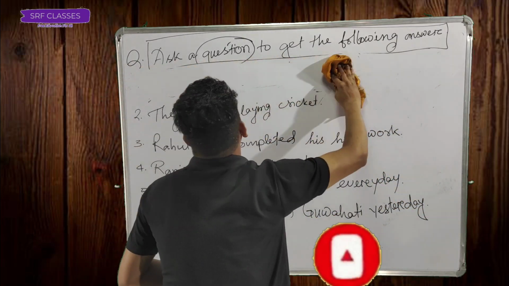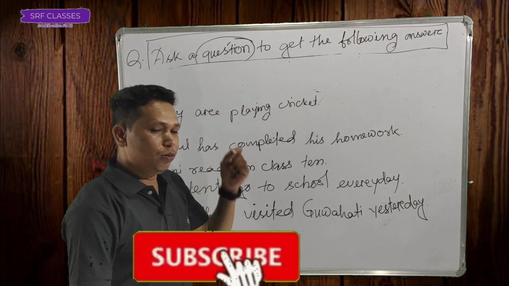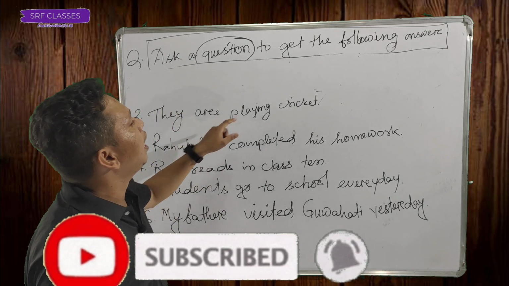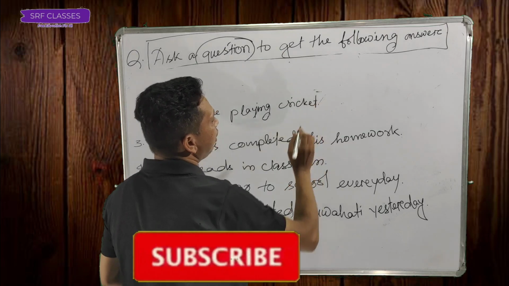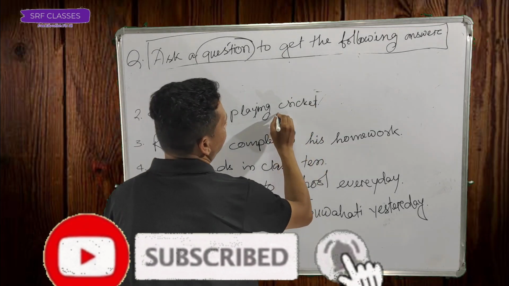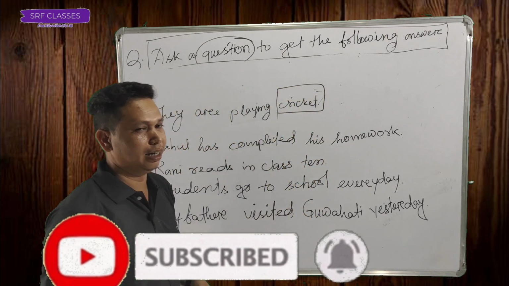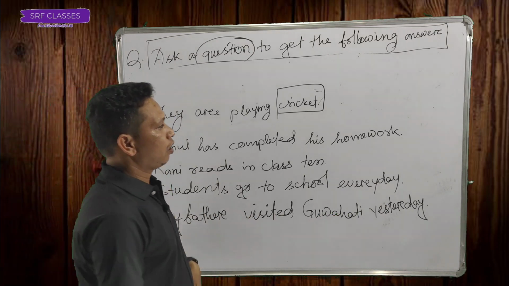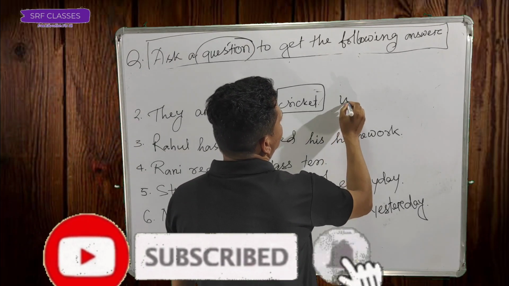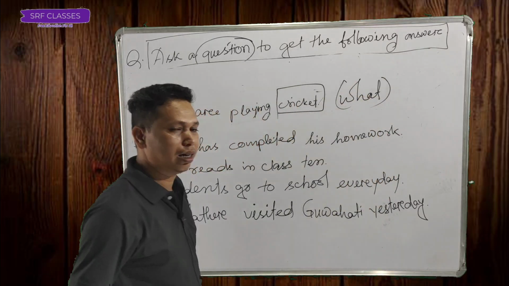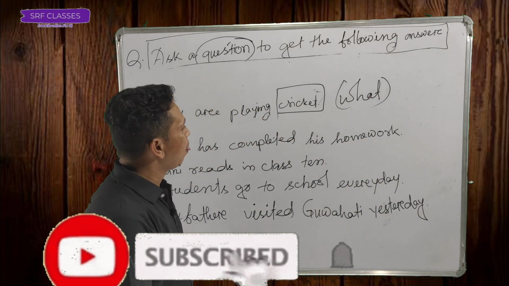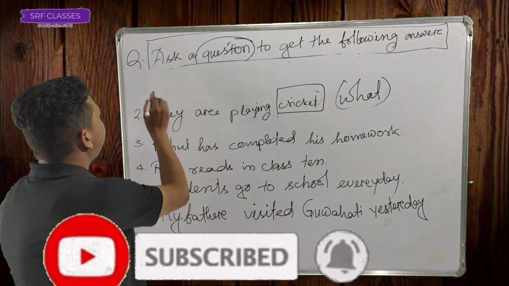Before that, let me erase this. So we will come to the second one. Second sentence is they are playing cricket. So here, if underline word is there, then underline word will be cricket, or in bracket again, like what will be there, right? Okay. Now how will you do that?